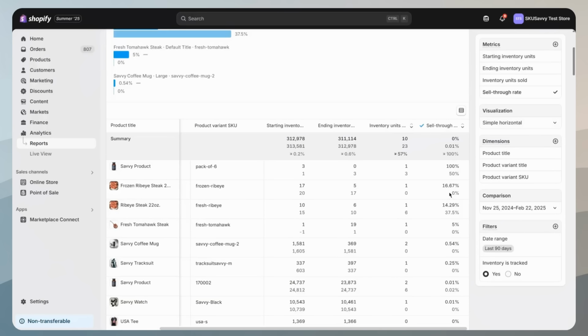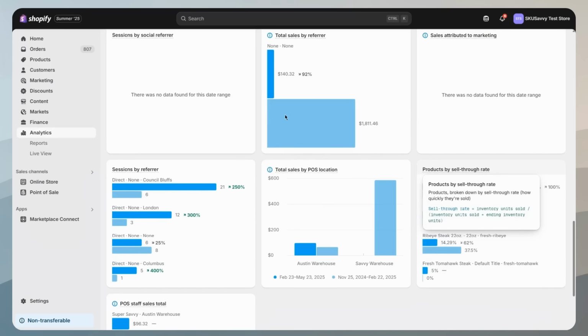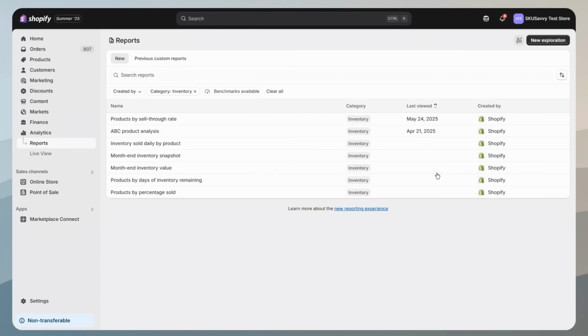We could combine this with the other reports that we do have on the inventory side, and come up with a spreadsheet that might even use our ABC analysis, inventory sold daily by product. We could start to combine these things and get some sort of forecasting, but it's really going to be pretty cumbersome. And there's really not a whole lot of tools within Shopify by itself to help you with this forecasting.